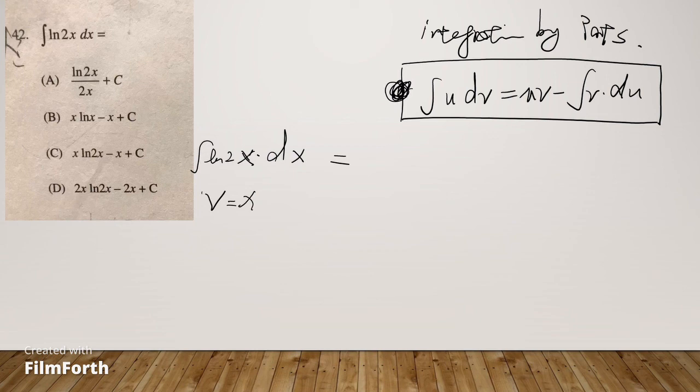We'd better let dv over dx be the simple part. So that is our trick. Always make dv over dx, so the other part we set to be u.